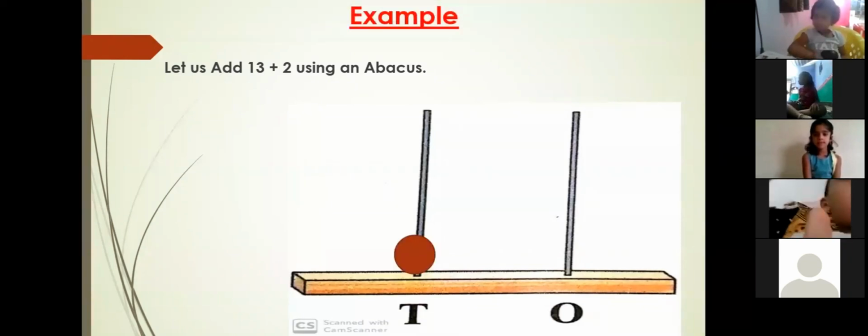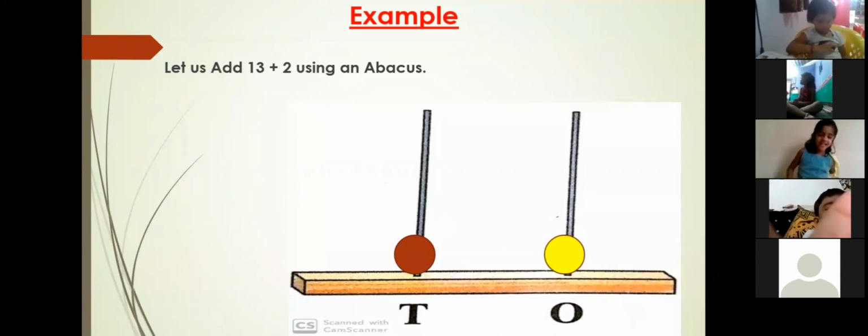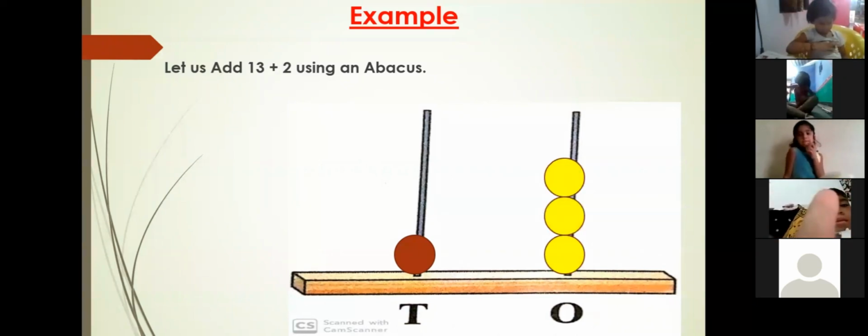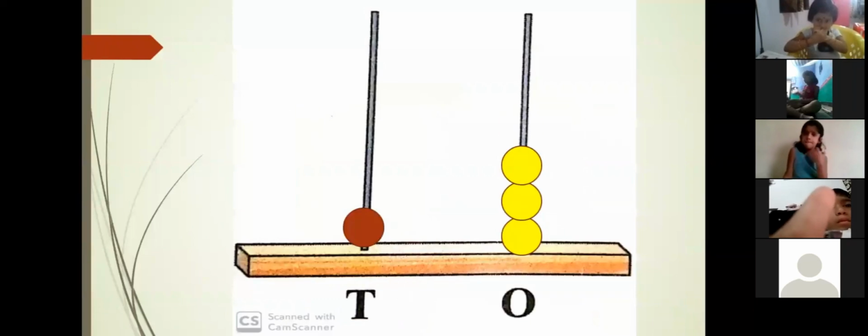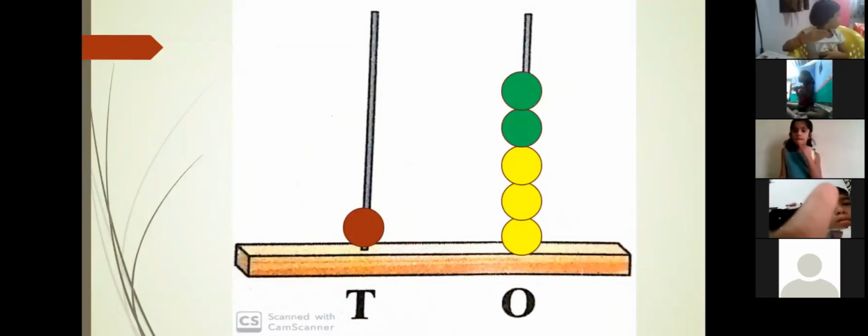Then 3 is in ones place, so 3 ones. So we put 3 beads in ones place. 1, 2, 3. Then plus 2. 2 is a 1-digit number, so we'll put 2 more beads in ones place. 1, 2.